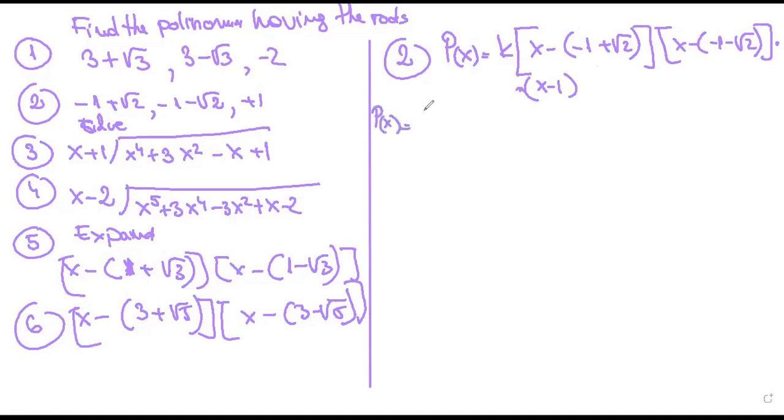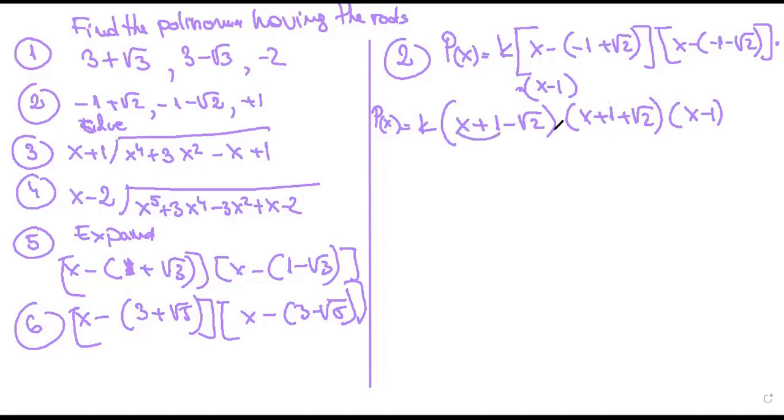P of x equals K, and we are going to eliminate the inside bracket. So x plus 1 minus square root of 2, and then x plus 1 plus square root of 2, and then x minus 1.